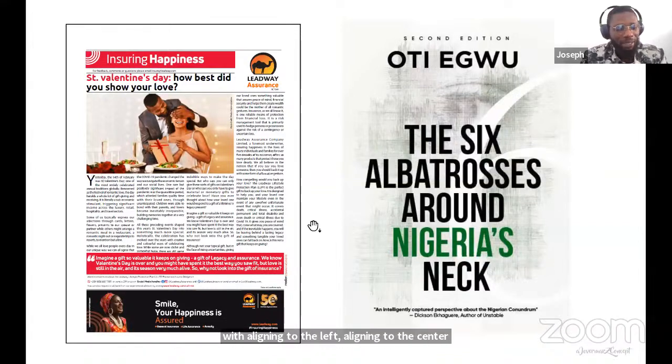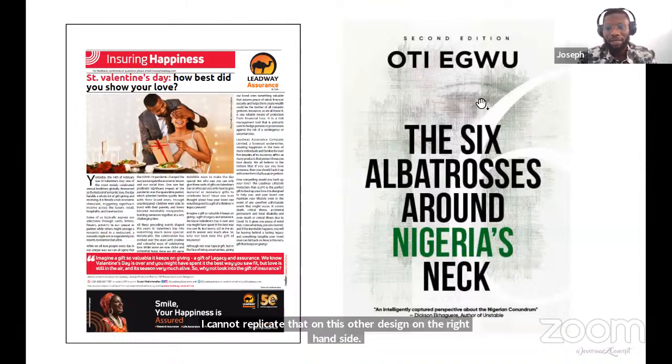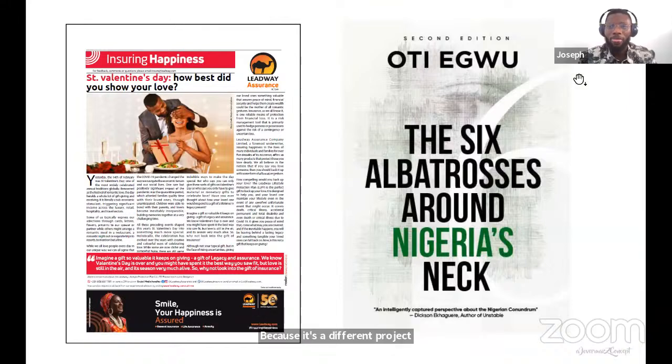But I cannot replicate that on this other design on the right-hand side because it's a different project entirely. Do you get it? So that is it. You can have more than one alignment on a document, but it's totally dependent on the kind of document. Thank you.